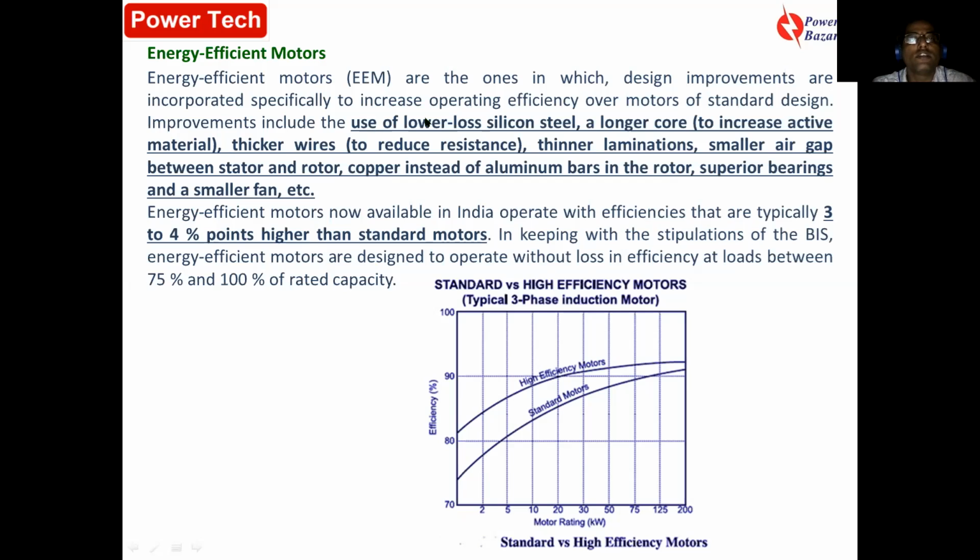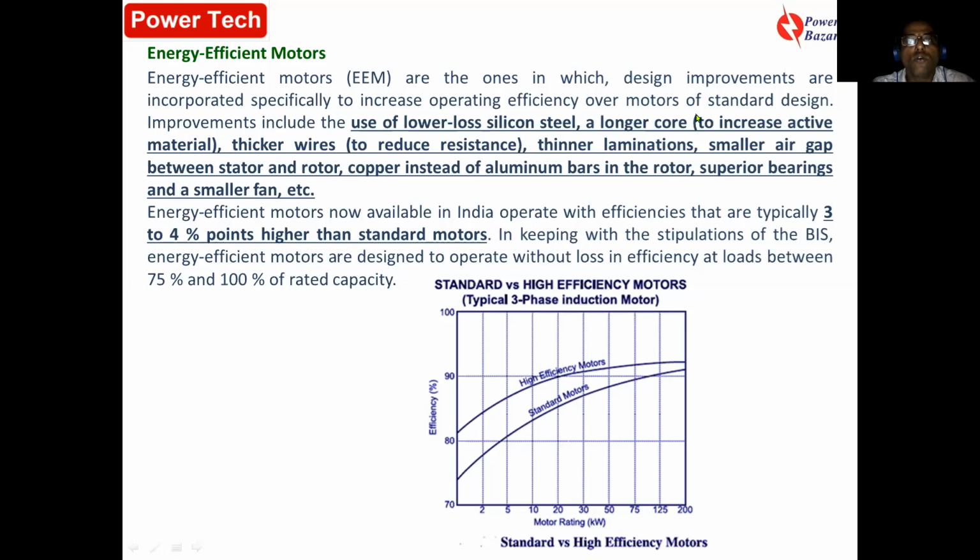Why? Because they use low loss silicon steel and they use a longer core. Low loss silicon steel means CRGO, cold rolled grain oriented silicon steel, which has good permeability. The flux magnetizing current required will be lower.